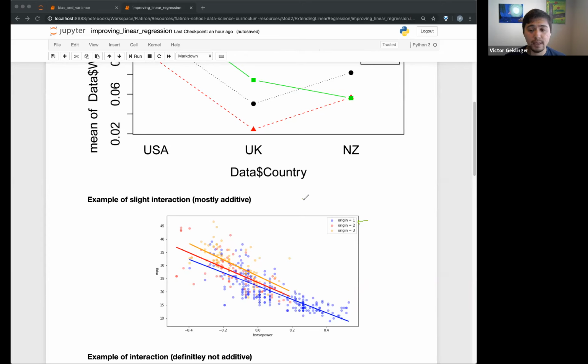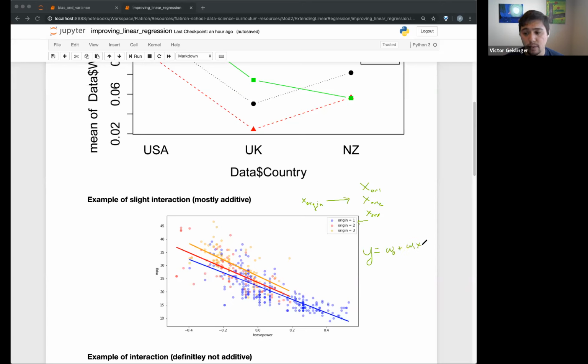So instead of having this variable origin, which could be 1, 2, or 3, we split it into 3 different variables, x origin 1, x origin 2, x origin 3. And when we add this into our linear regression, it looks like y equals our bias term, w0, and then something like w1 times x1.